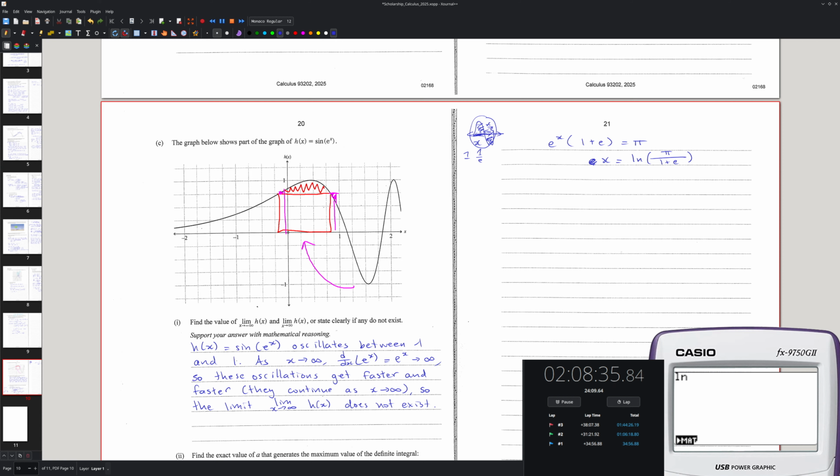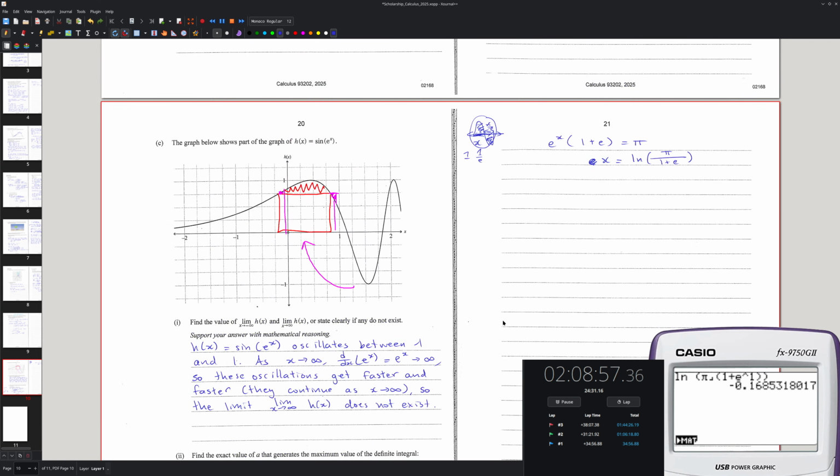Okay. Oh wait, that should be better. Okay, ln pi over 1 plus e. That looks about right.